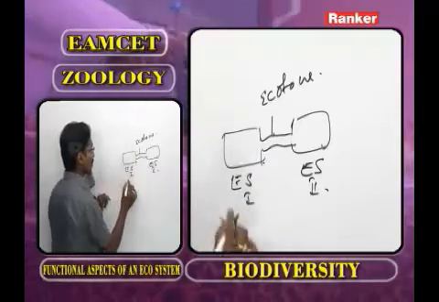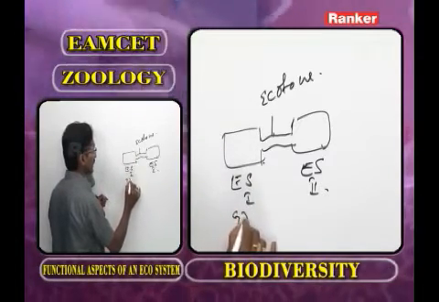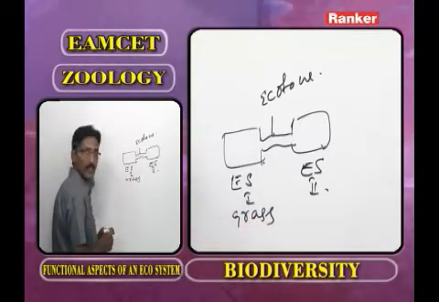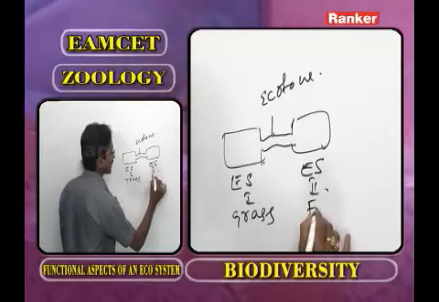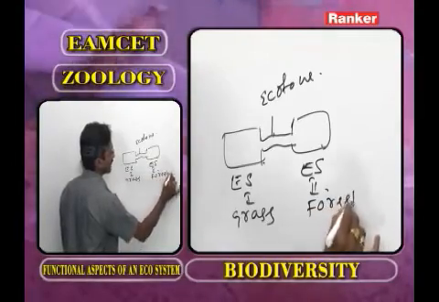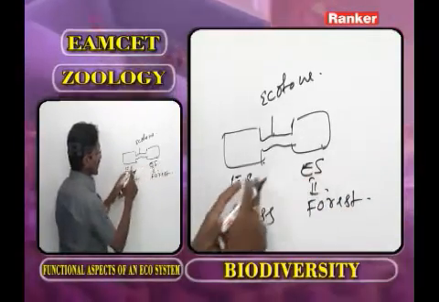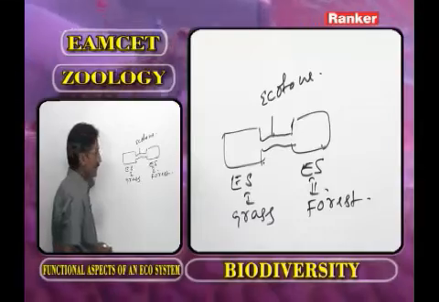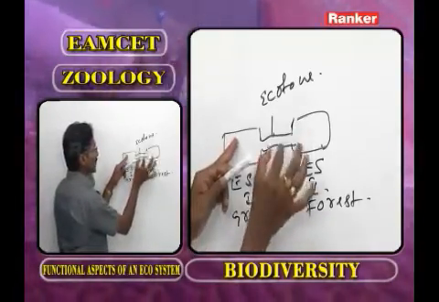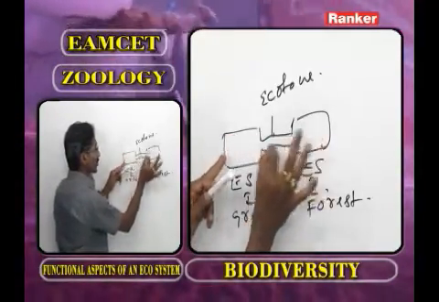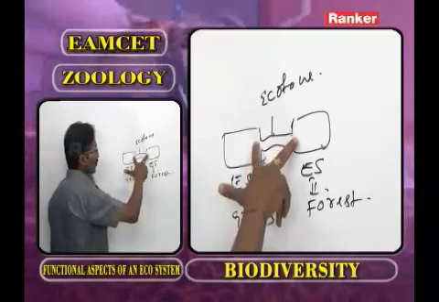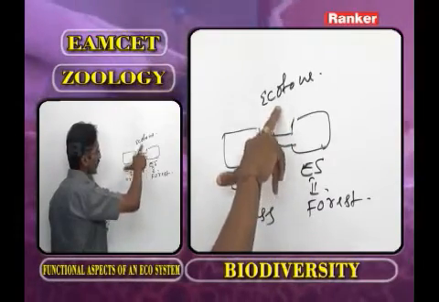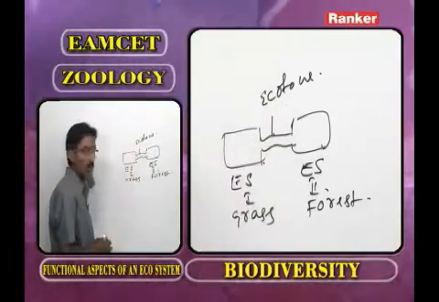Now in this ecosystem, one example is the grass. Here one example for another ecosystem, that is forest. Between two ecosystems, a transitional zone is present, that is called ecotone.